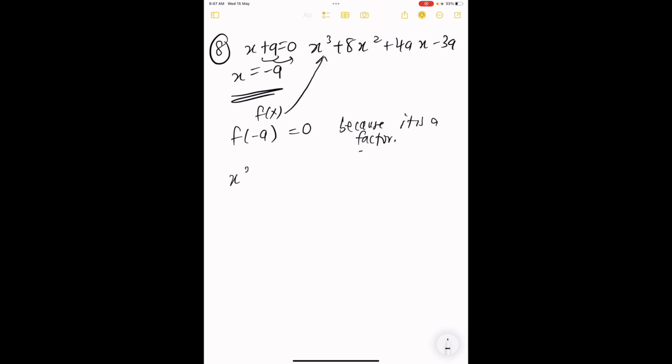So x^3 plus 8x squared, this is your function, right? Then you change your x to minus a. It gives you (-a) power 3 plus 8(-a) squared plus 4a(-a) minus 3a equals 0.